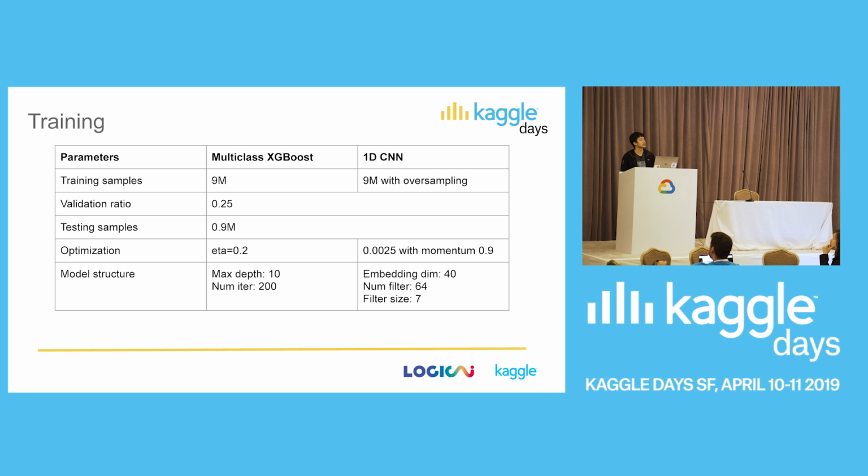But for a neural network, it's probably not the case. You need cost-sensitive learning, or you might want to do some oversampling. So here I just pick oversampling to address the class imbalance problem. Finally, the testing data is just the remaining 0.9 million. The hyperparameters were picked just by experience, not too much theory underneath, but it worked.